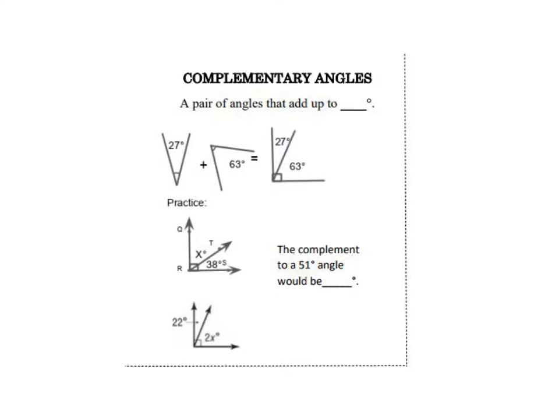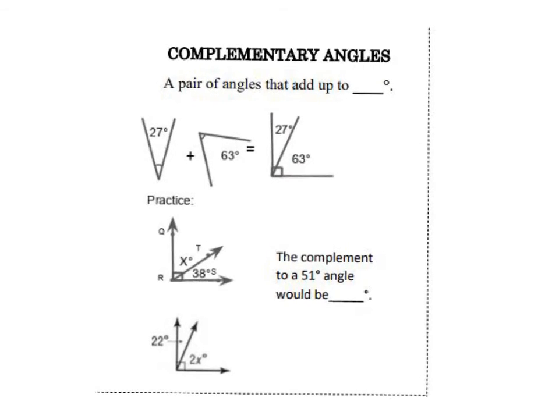So here is part of the notes that you have in your folder. Complementary angles are similar to supplementary, except that complementary angles are a pair of angles that add up to 90 degrees. And you could see it in the picture, because if you look, 27 plus 63, when you put them together, it adds up to 90 degrees.